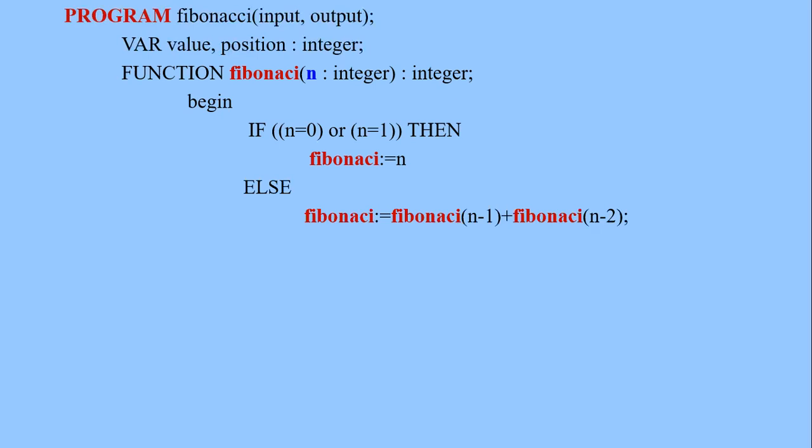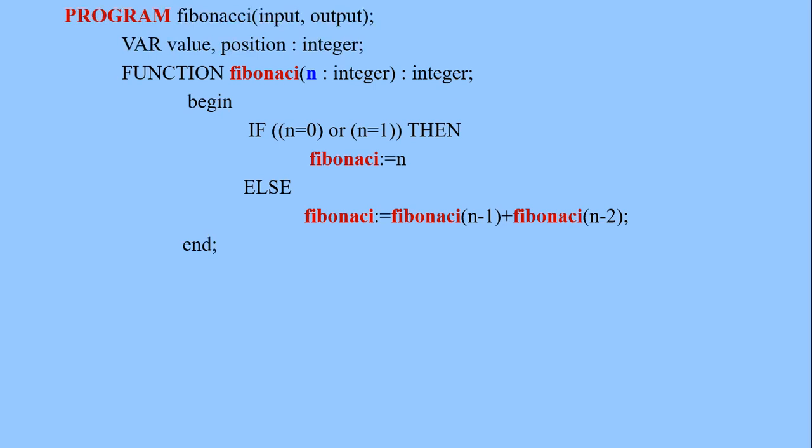So Fibonacci of 5 plus Fibonacci of 4 will give the result of the value at position 6 in the Fibonacci series.